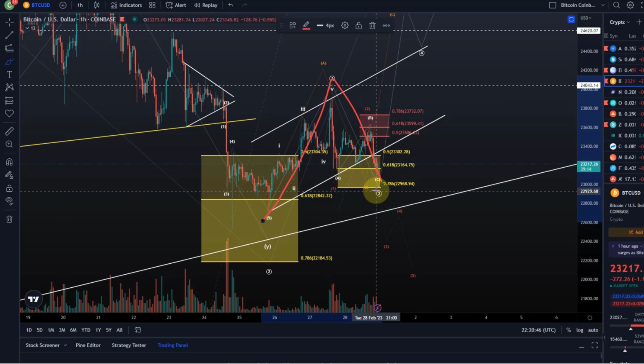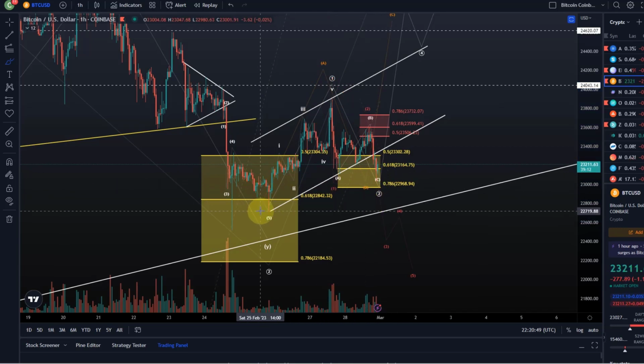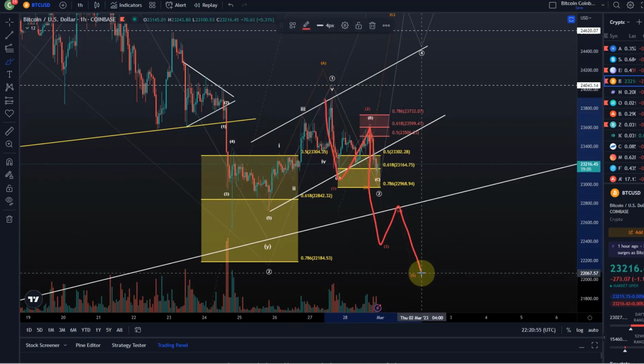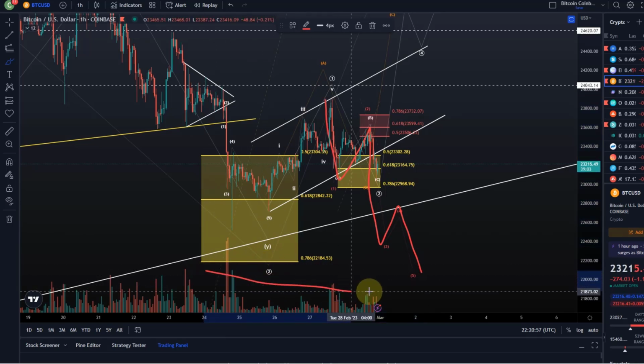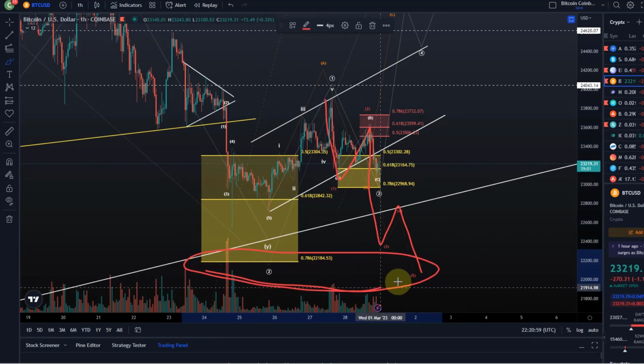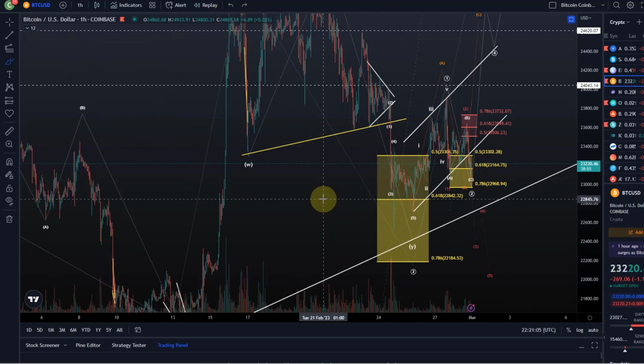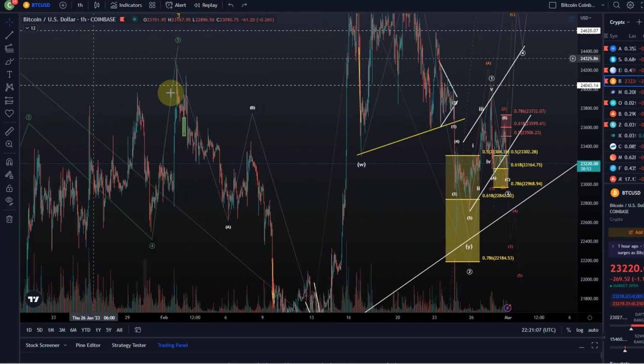Then we can say that we only moved up in a correction, possibly an ABC structure, and we're coming down in 5 waves. 1, 2, 3, 4, 5. And then we need to see, do we actually hold the larger support area? 22,184 is the key level here. And if we don't, then we go into the alternative scenario, okay?